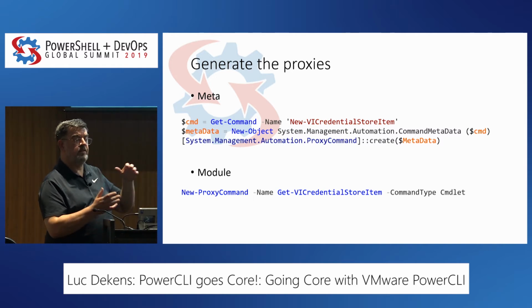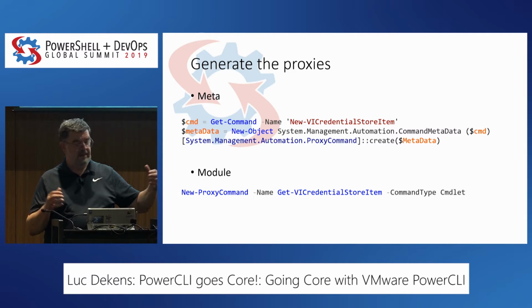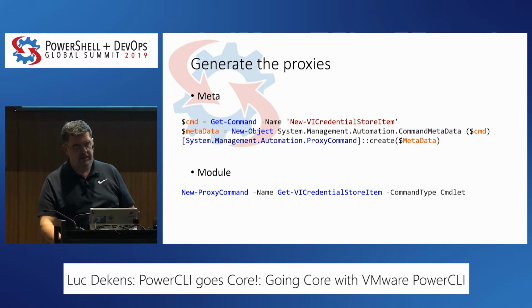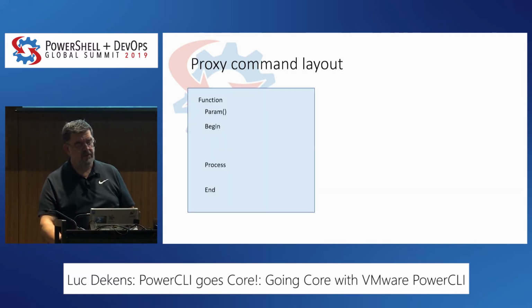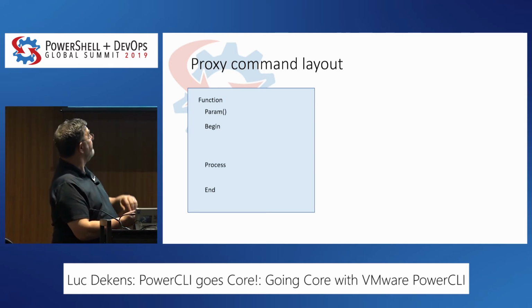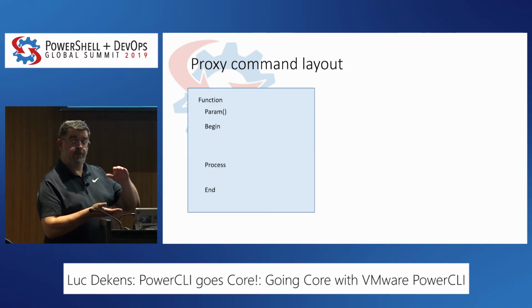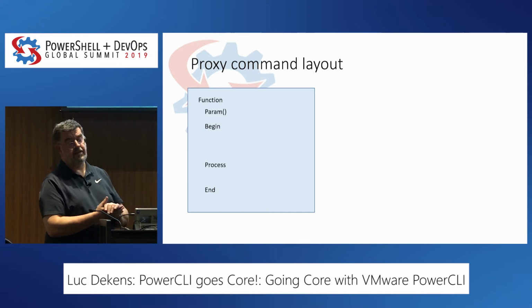What comes out of this is a kind of script, which represents the command. So we'll have a look at what comes out here. You have a PS1 file that comes out, and in that PS1 you will find the function declaration. You will find parameters, and that is the interesting part. You will have the parameters with the exact attributes as they are used in the commandlet.